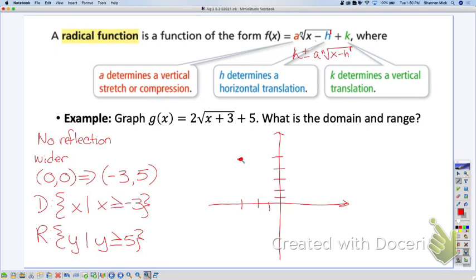We know it's going to go like this. But sometimes it's nice to know the y-intercept, isn't it? Yeah. So what is the x value at a y-intercept? 0. So I can find it by plugging a 0 in for the x, right? So let's see if we can figure that out. We have the y-intercept, because we've done this before, right?